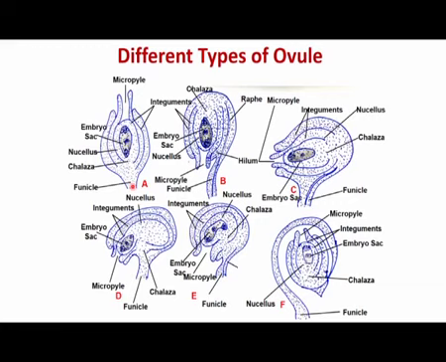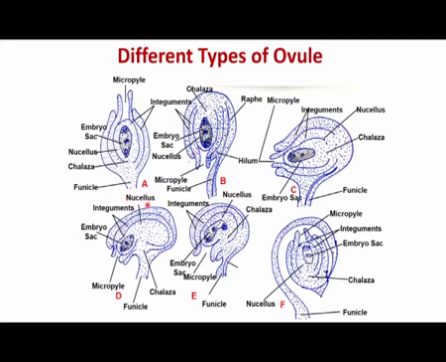the funicular axis. Next comes the anatropous ovule. The anatropous ovule we have already discussed in the previous slide. In the anatropous ovule, the ovule is completely inverted in orientation due to approximately 180 degree curvature of the funiculus.